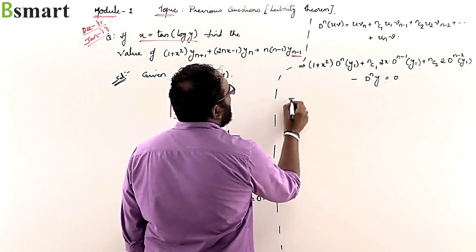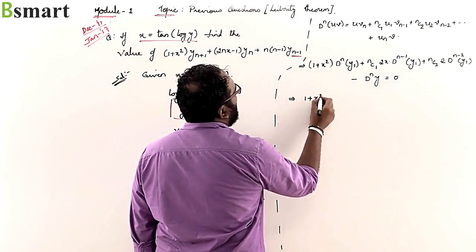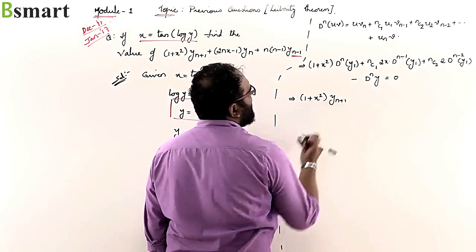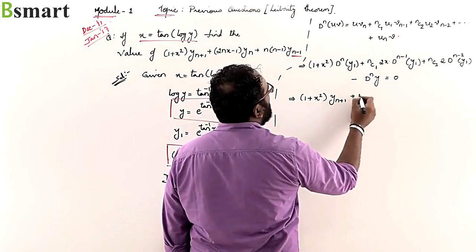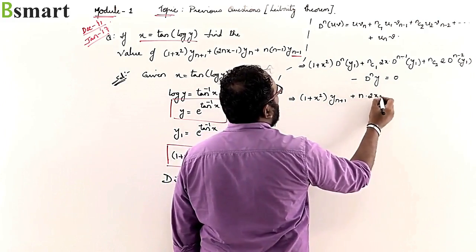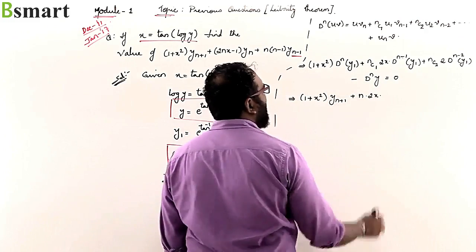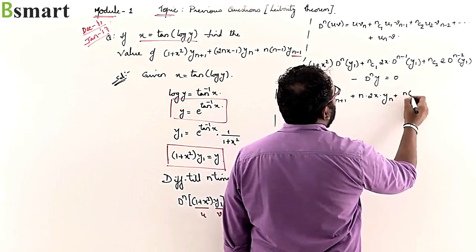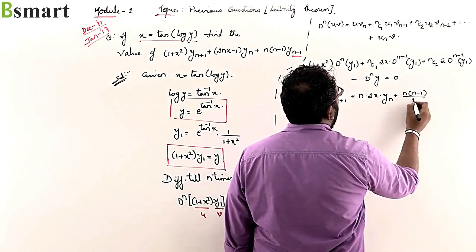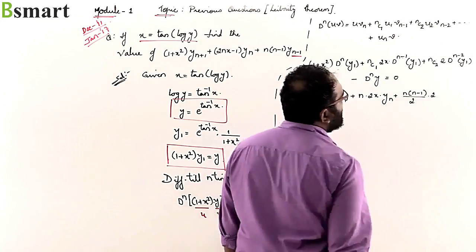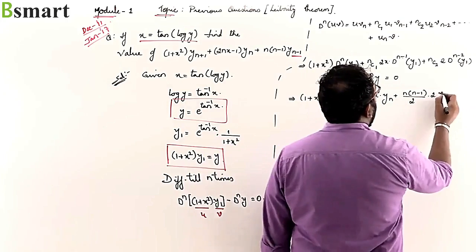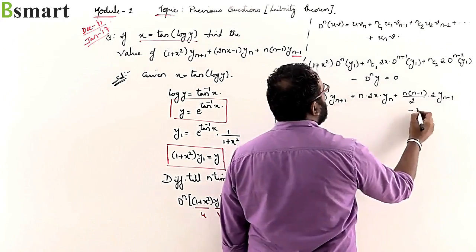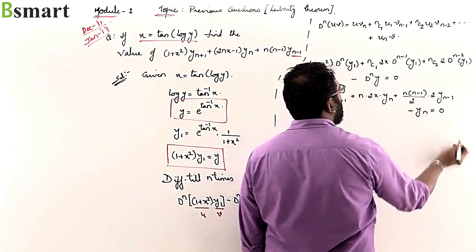That implies 1 plus x square into d to the power n of y1, that is yn plus 1, plus nC1, that is n, into 2x into d to the power n minus 1 of y1, that is yn, plus nC2, that is n into n minus 1 by 2, into 2 into d to the power n minus 2 of y1, that is yn minus 1, minus d to the power n of y, that is yn, is equal to 0.